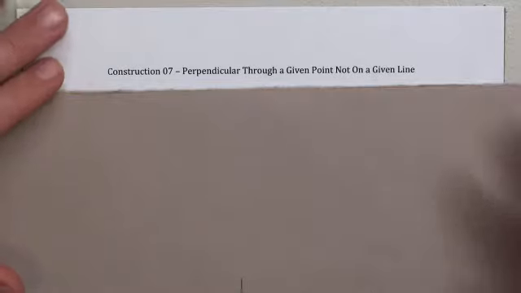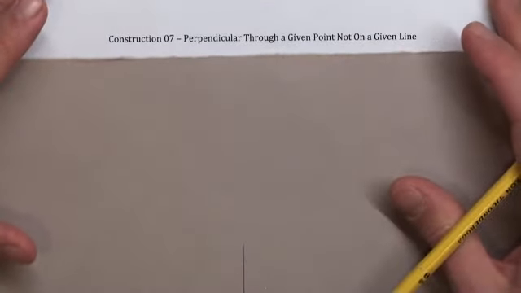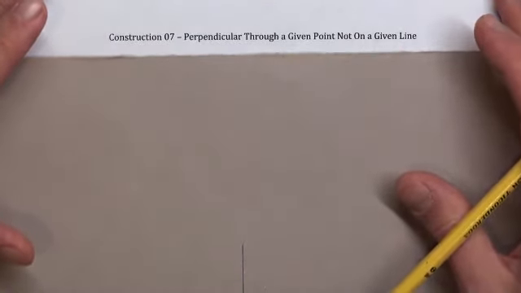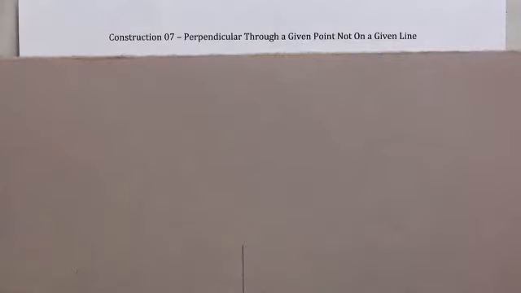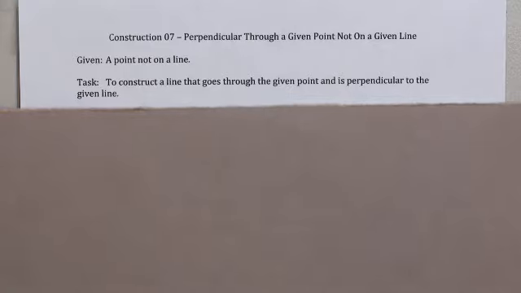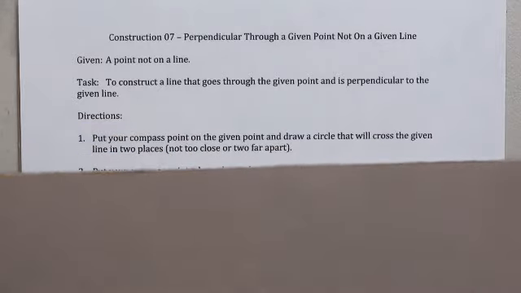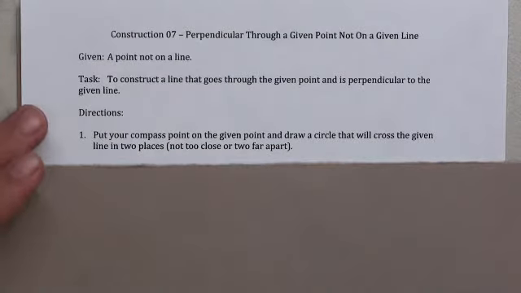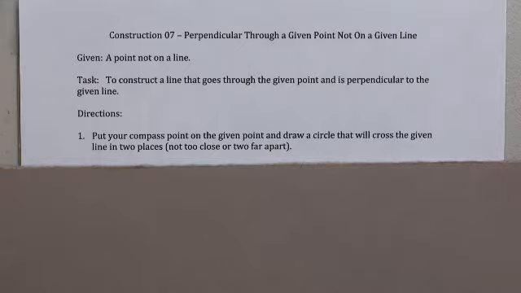So this time it's almost the same, but we're constructing a perpendicular through a given point not on a given line. So given a point not on a line, the task is to construct a line that goes through the given point and is perpendicular to the given line. Step 1, put your compass point on the given point and draw a circle that will cross the given line in two places.